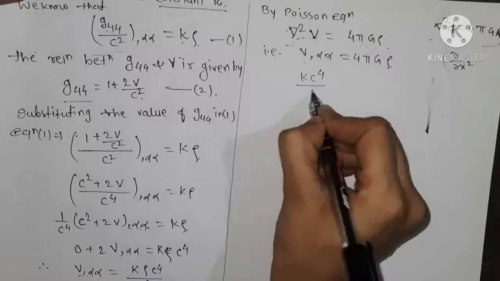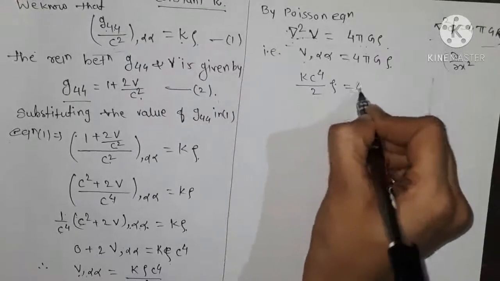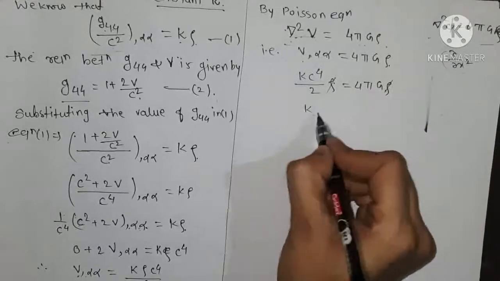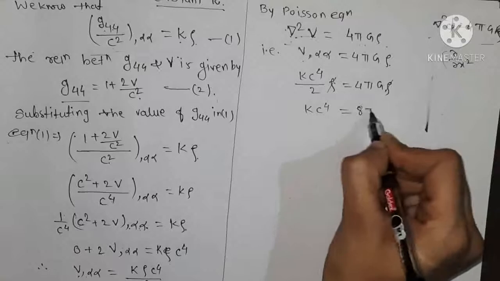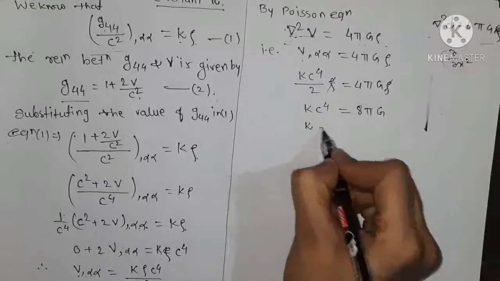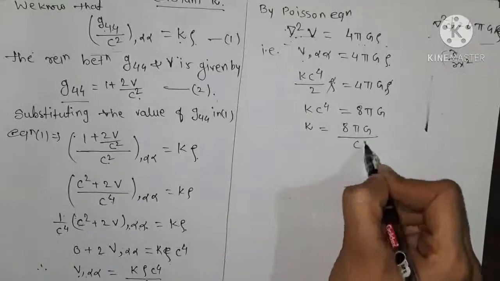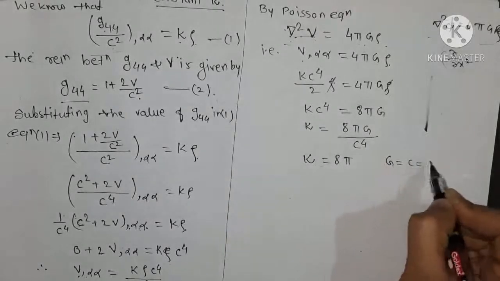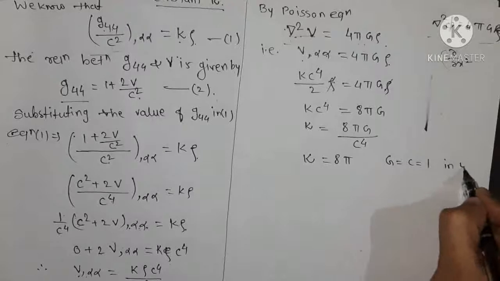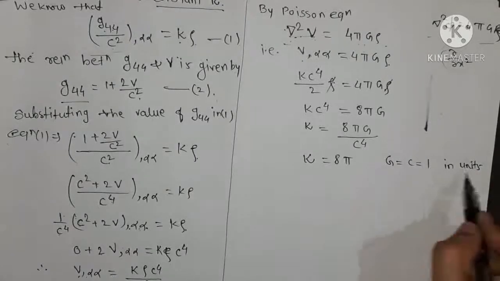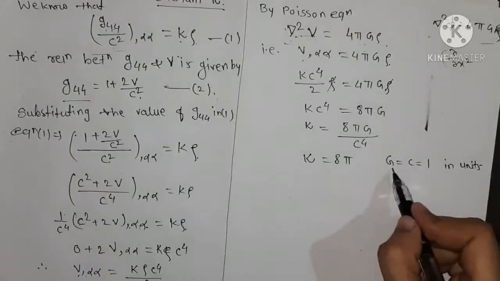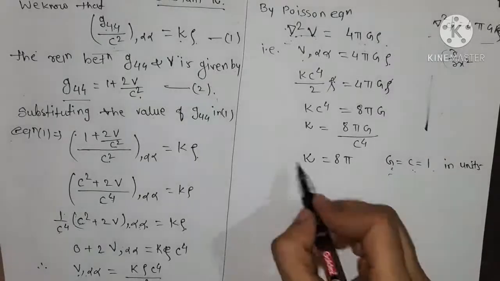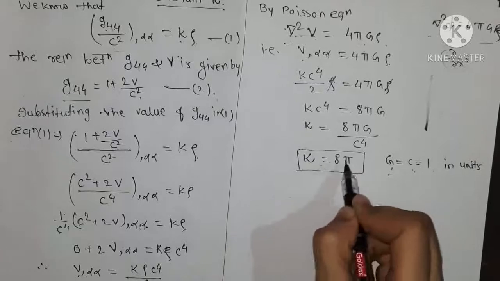K c to the power 4 upon 2 into rho is equal to 4 pi G rho, and we cancel rho, so we have K c to the power 4 is equal to 8 pi G, so K is equal to 8 pi G upon c to the power 4. K is equal to 8 pi when G equals c equals 1 in units, that is, in another unit system we assume the gravitational constant G and the velocity of light as equal to 1, and therefore we get the value of K equal to 8 pi.